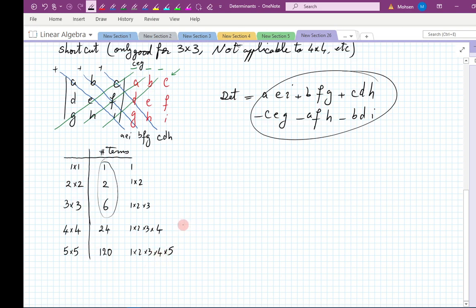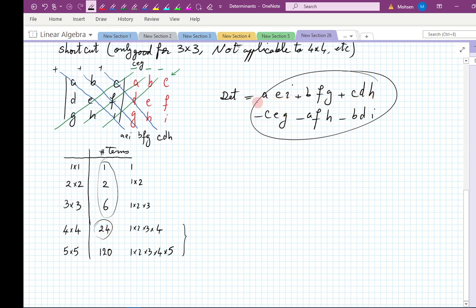Well, you see that we are dealing with some sort of a serious situation. I'm pretty sure you've never dealt with any mathematical item with 24 pieces to it. That's an equation. On the left hand side you write determinant of A. On the right hand side you have to write 24 terms.